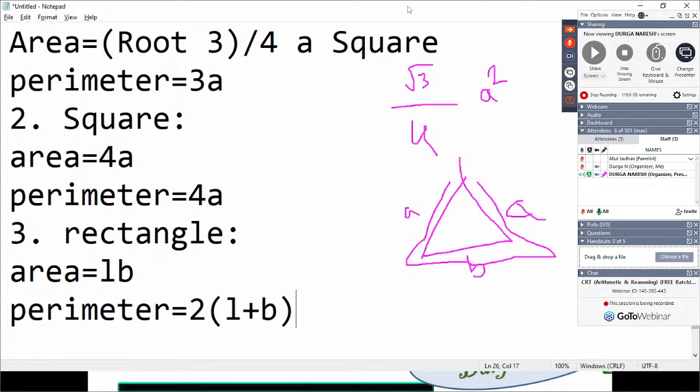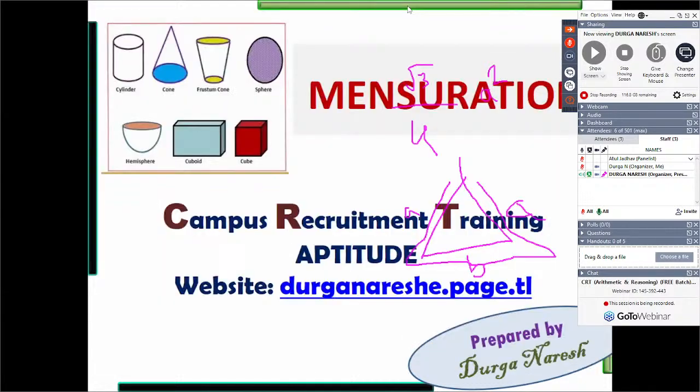Some problems are easy. Every problem depends on the formula. Some problems are indirect examples.